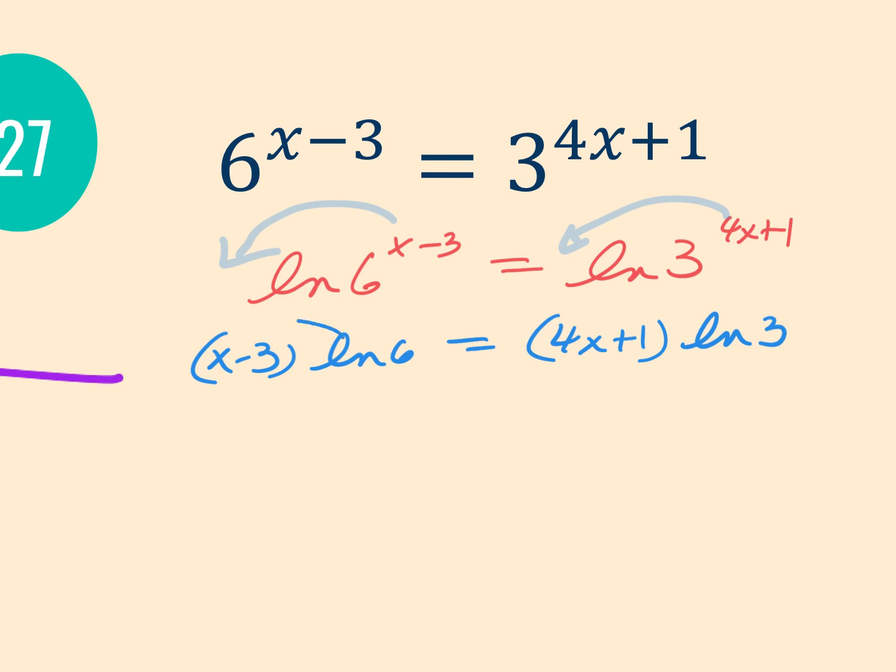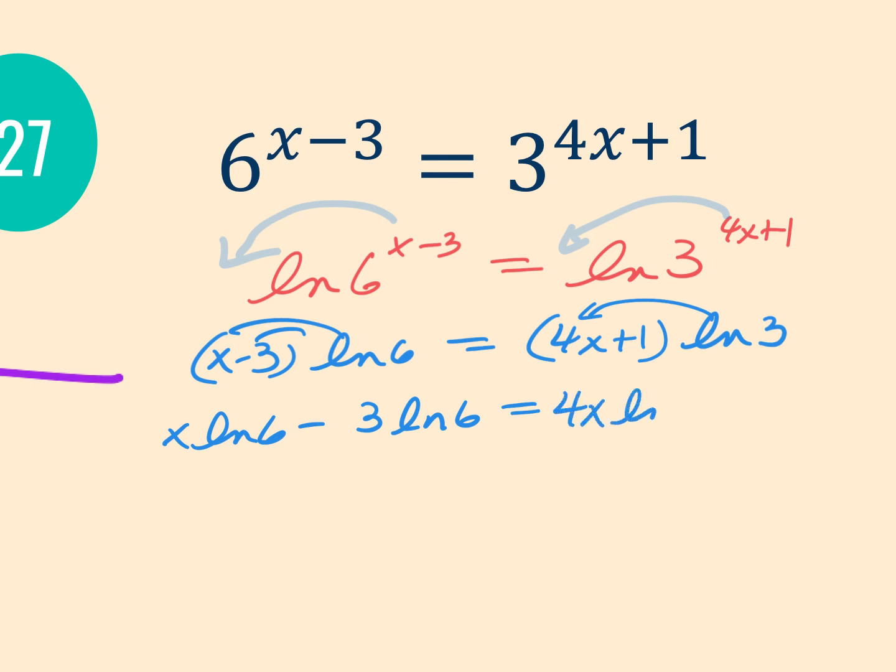Once I distribute, this becomes x ln 6 minus 3 ln 6. Over here, I'm going to distribute as well: ln 3, so 4x ln 3 plus ln 3, because times 1 is just itself.